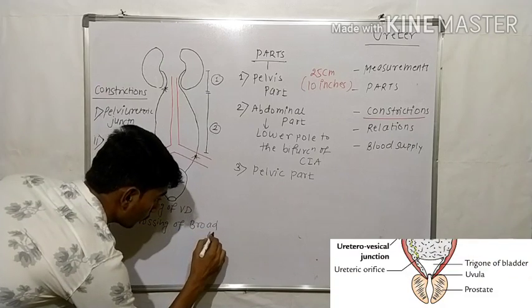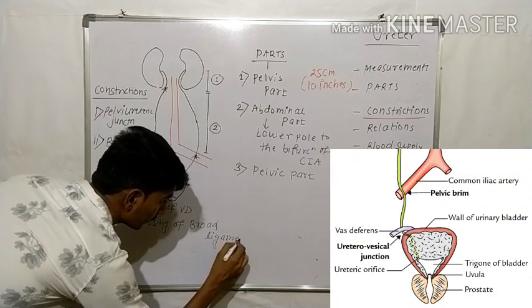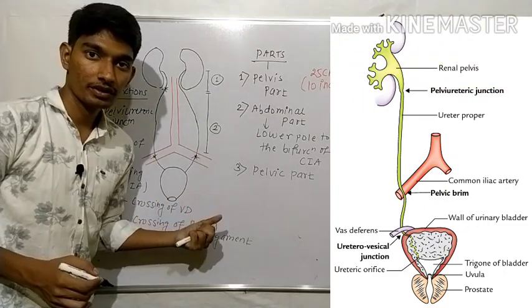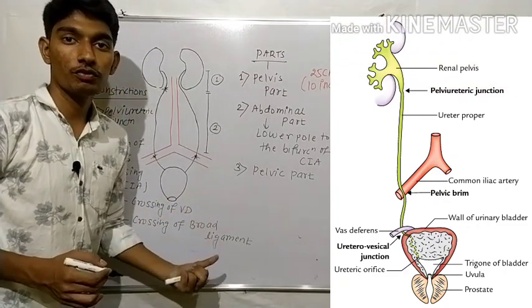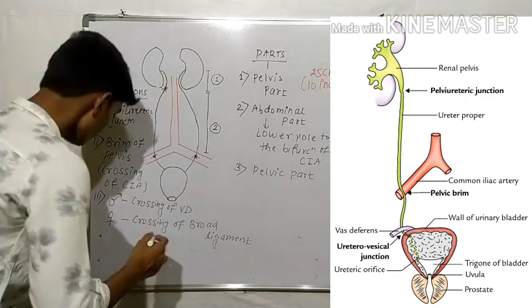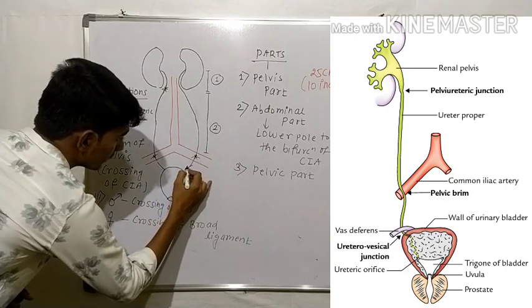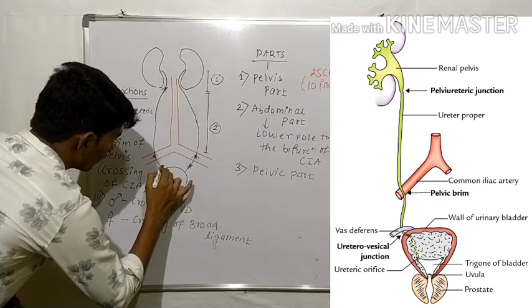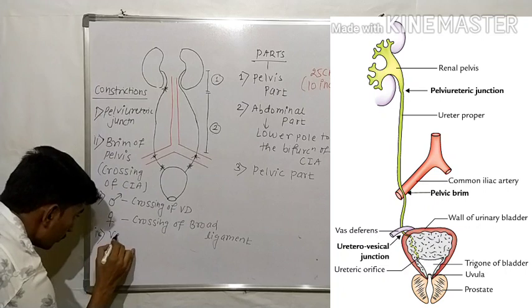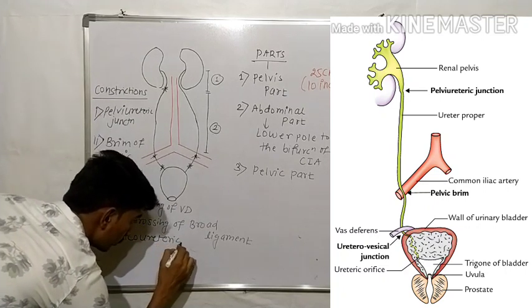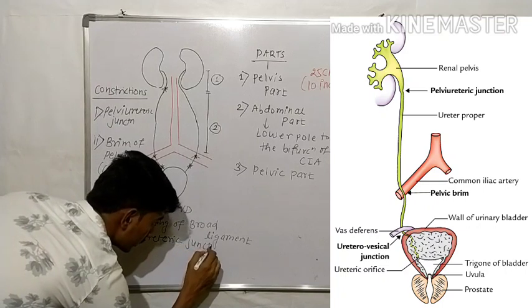And fourth constriction is known as vesicoureteric junction.